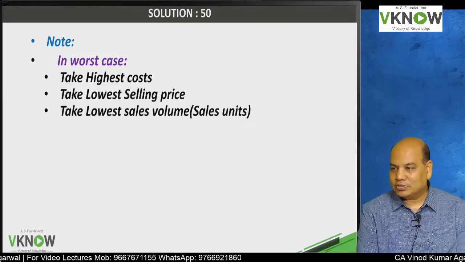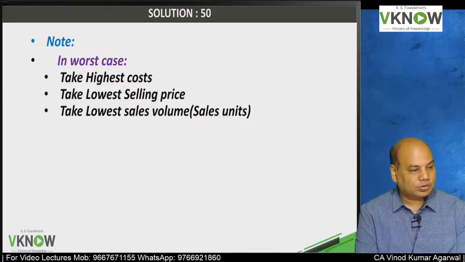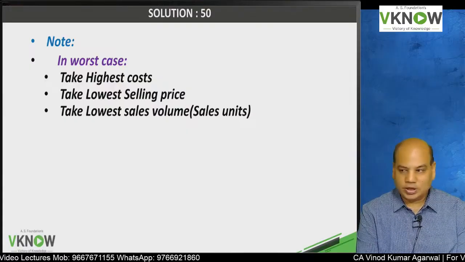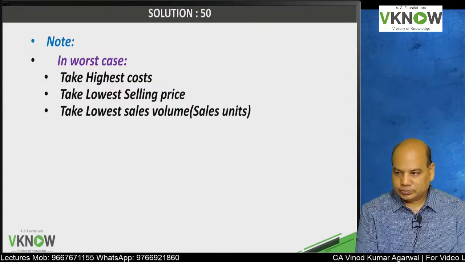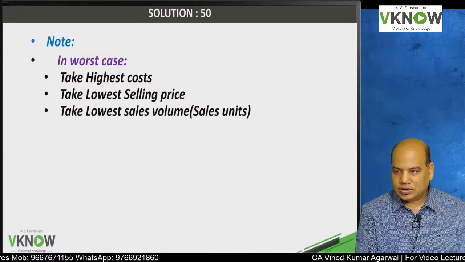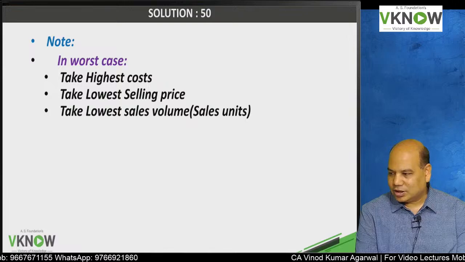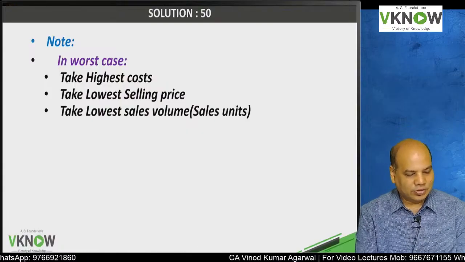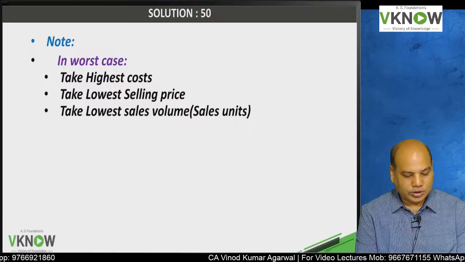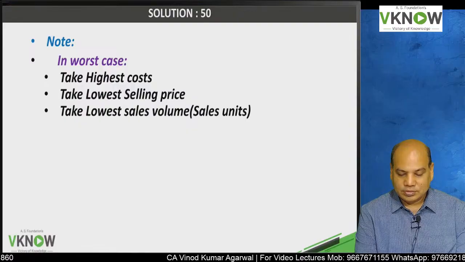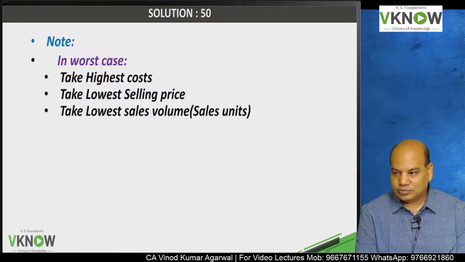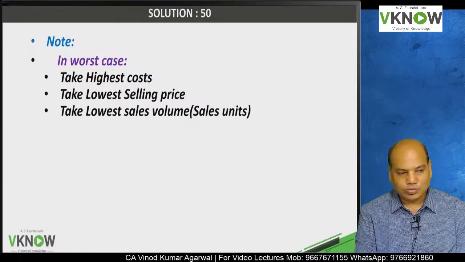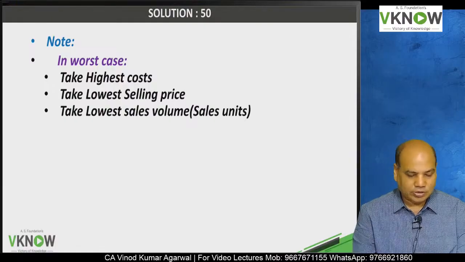No problem. Write down. First, I'll give you a note before you forget. Note: in worst case scenario, take highest cost, take lowest selling price, take lowest sales volume (bracket: sales unit).